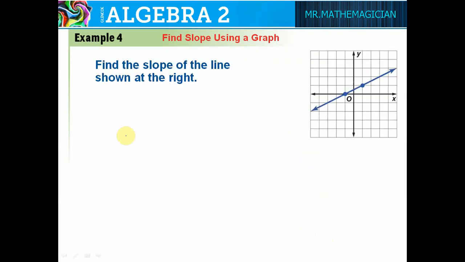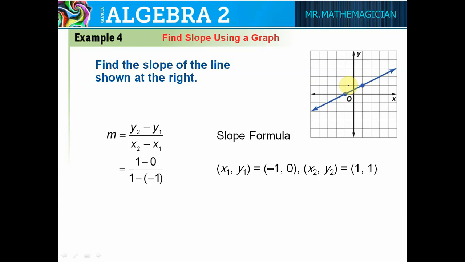Another example. Find the slope of the line shown at the right. This line passes through 2 points. If you know these 2 points, you can find the slope. It's very easy. So the rule: m equals y2 minus y1 over x2 minus x1. The 2 points, as you can see, this point, look at the x, then look at the y, it's 1 and 1.